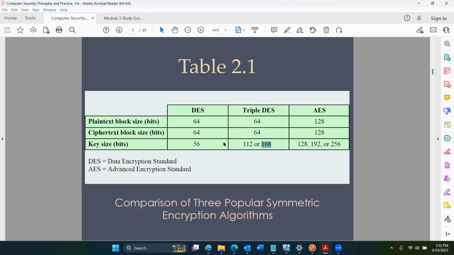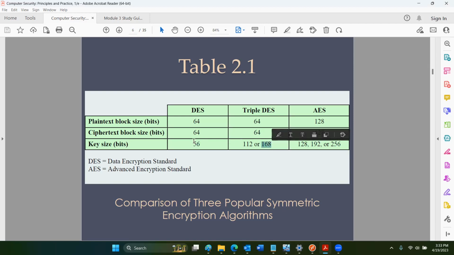But here you see the plain text block size that goes in is 64 bits. What comes out is 64 bits. And the key size is 56 bits, right? Actually, okay. So what you get is the equivalent of 56 times 3. That's 168. My bad, okay?